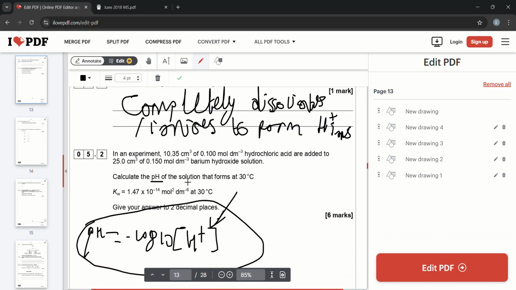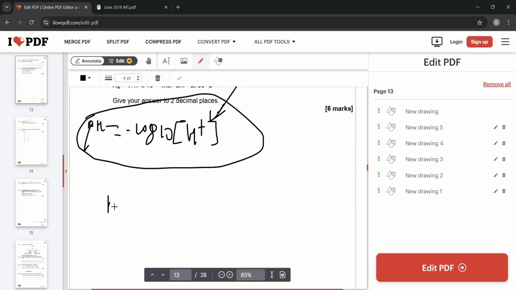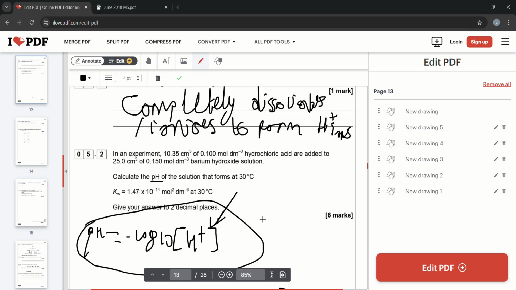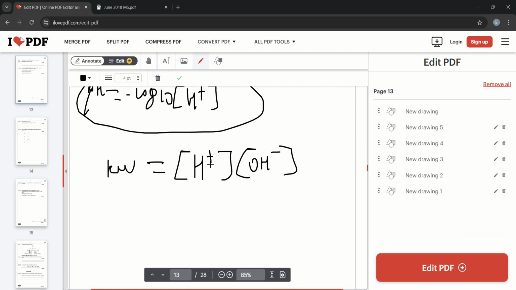So we've got Kw, which is equal to H plus times OH minus, and we know this much of HCl. So first things first, let's find out the moles of HCl.